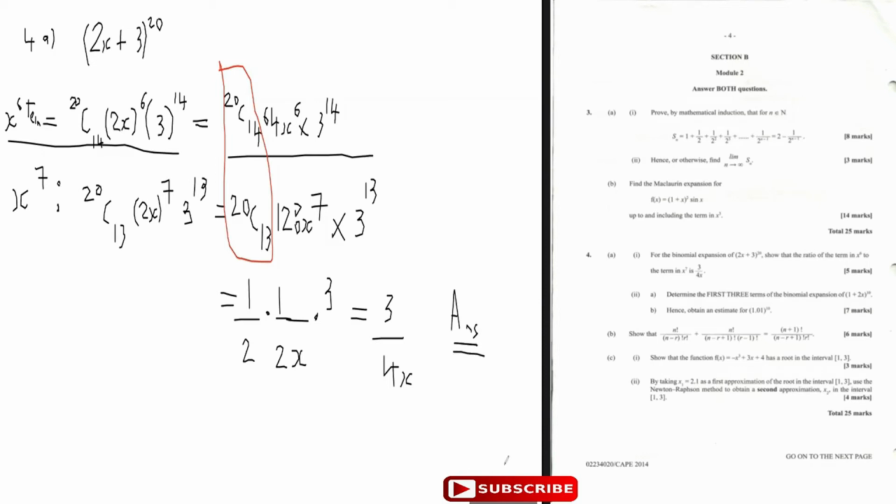Now the next part says determine the first 3 terms of the binomial expansion of 1 plus 2x to the 10. Determine the first 3 terms, all right?